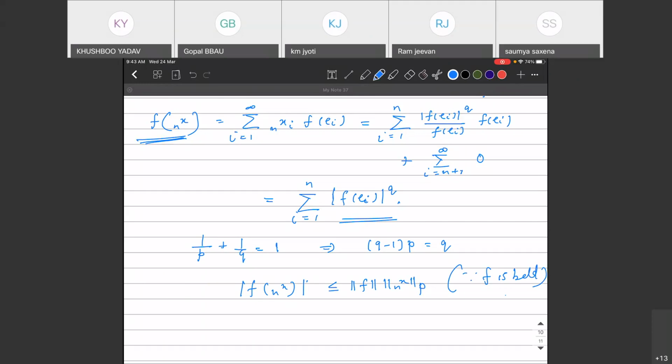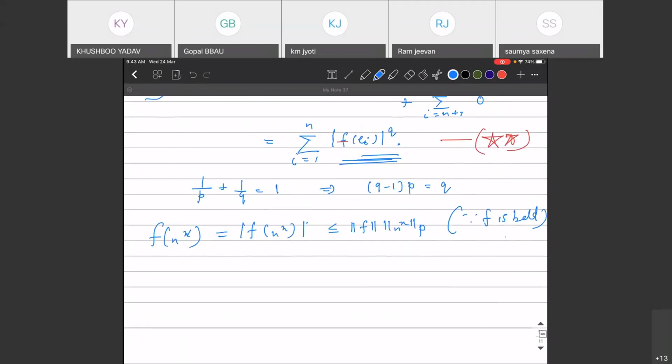But you know this f(xn) is a positive thing. So from double star, you see this thing, summation i from 1 to n, is positive. So here you can drop the modulus, and we get f(xn) is less than or equal to norm f times norm xn in lp. What is norm xn p?